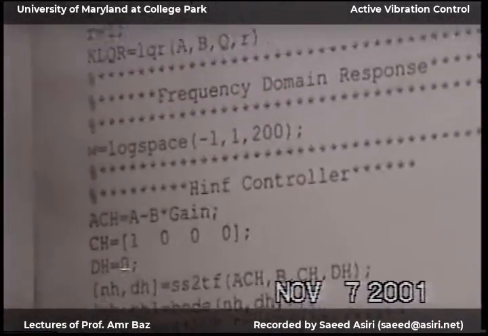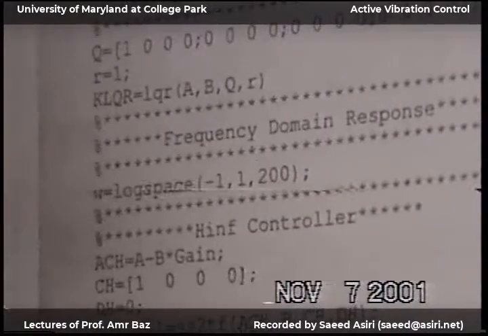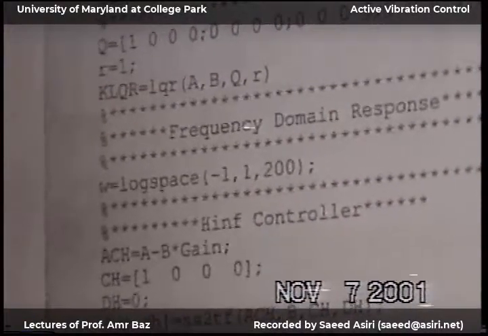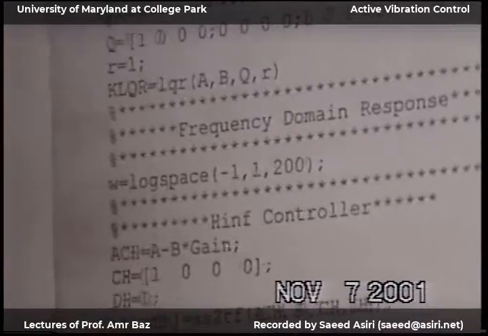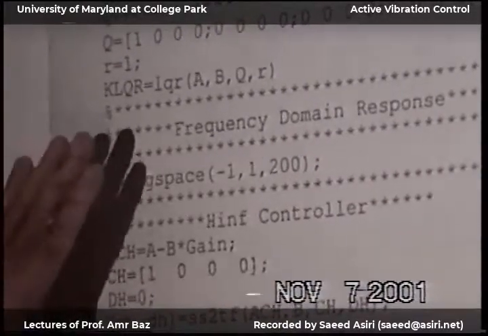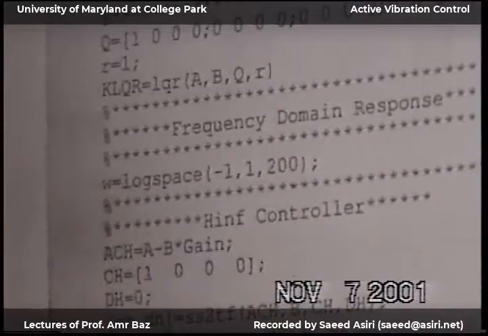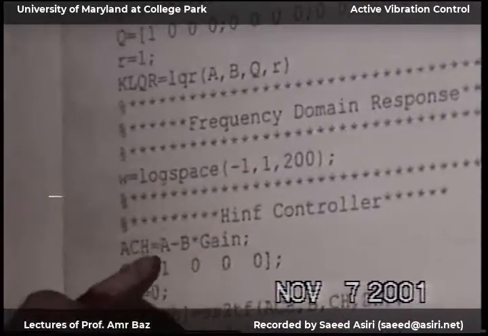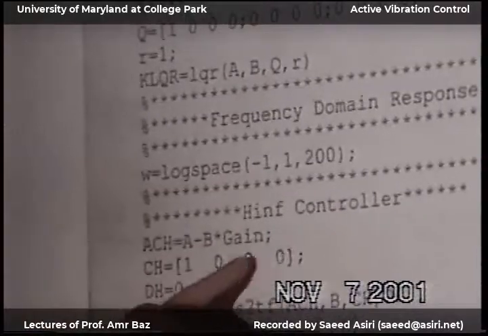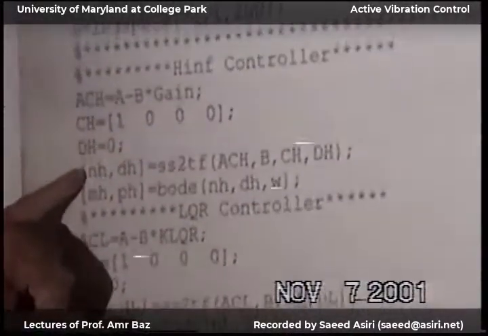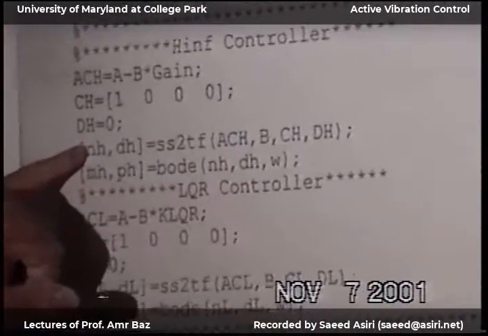Now I'm going to do 2 things. We have the system description, we have the gains. I can put them in Simulink and do time domain analysis, or I can also look at frequency response analysis. Okay? For frequency response, I have the closed loop system matrix, and then I have the C and the D and the B for the H infinity.